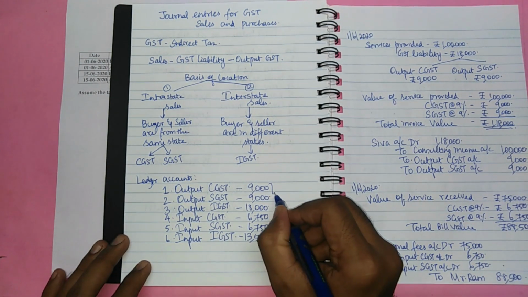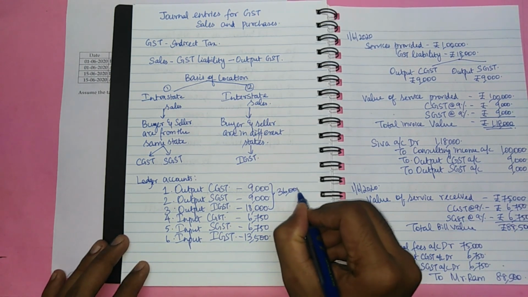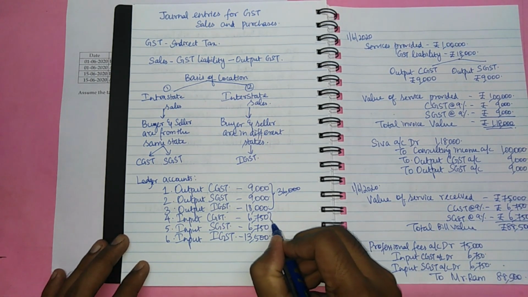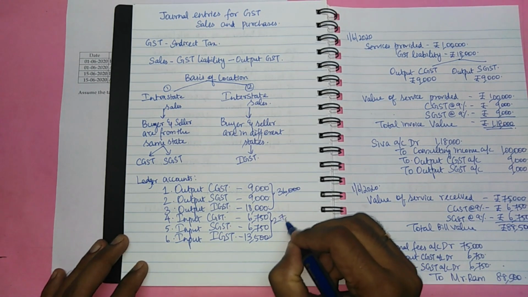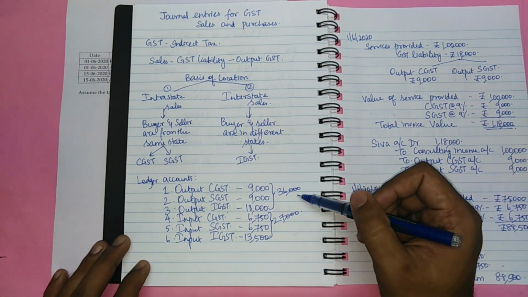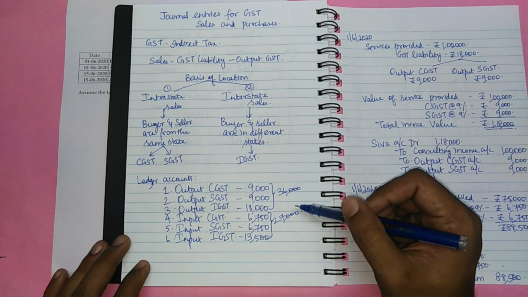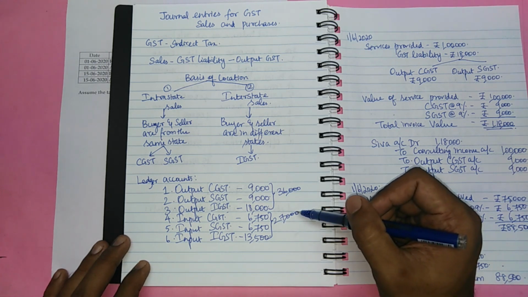So in total we have output tax liability of rupees 36,000 and we have input tax credit of rupees 27,000. So for discharging this rupees 36,000 output tax liability, we can use input tax credit to an extent of rupees 27,000 and the rest we need to pay in cash. Now we can pass the entry.